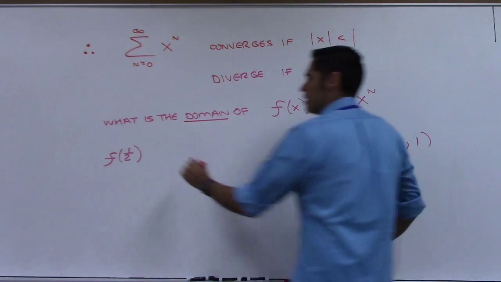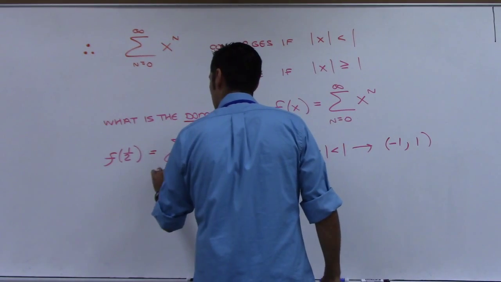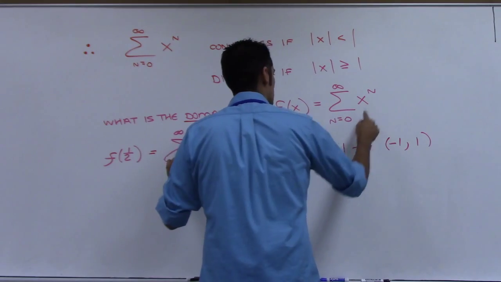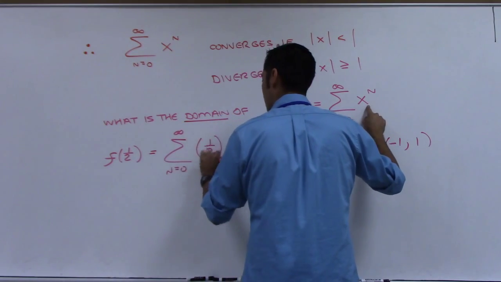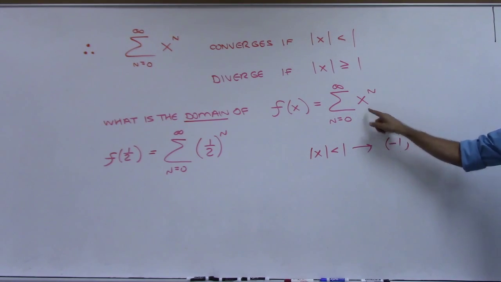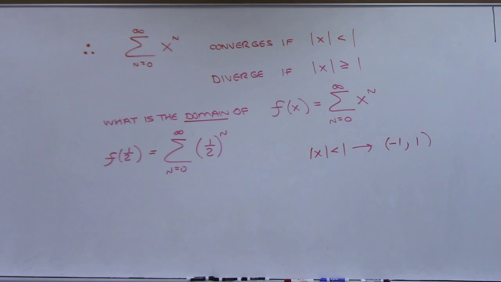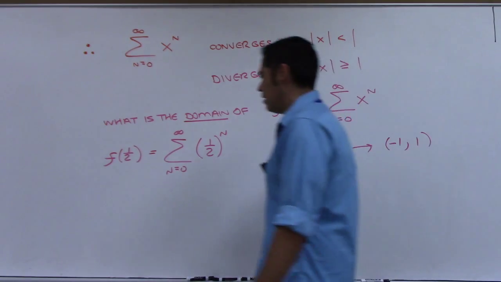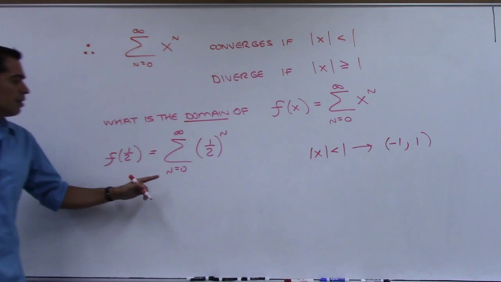So input, output, right? So is 1/2 in the domain of the function? Yes? So this becomes the sum from n equals 0 to infinity. Replace this with 1/2, right? And what is that? It's a geometric series. That'll converge, right? We already know it's going to converge.